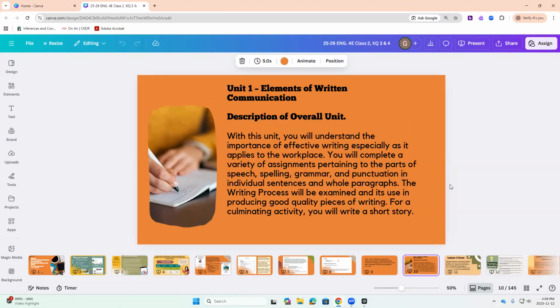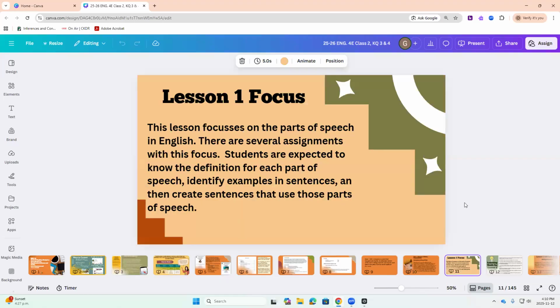Okay, so this is the overall unit, not just today's lesson. We're really going to be talking about the importance of effective writing. You're going to complete a variety of assignments pertaining to the parts of speech, involving spelling, grammar, punctuation. The writing process is going to be examined and its use in producing good quality pieces of writing. And for a culminating activity, you will write a short story. So there are 5 lessons, and each lesson has several assignments.